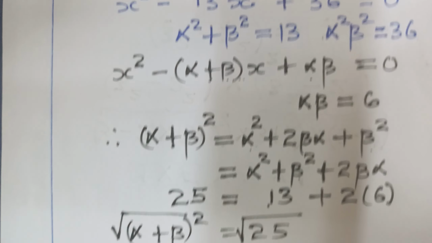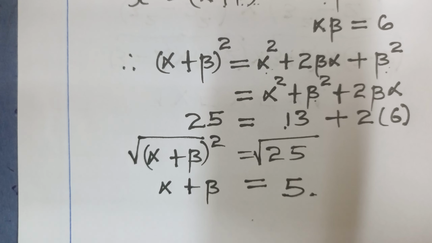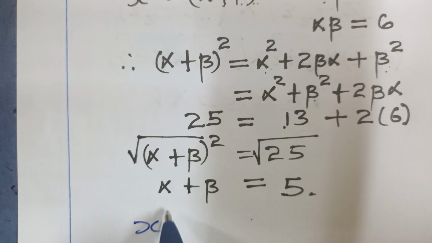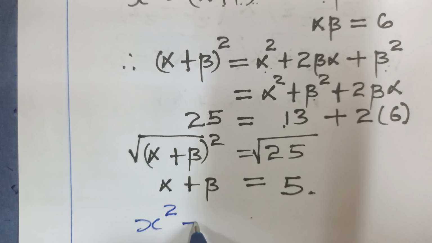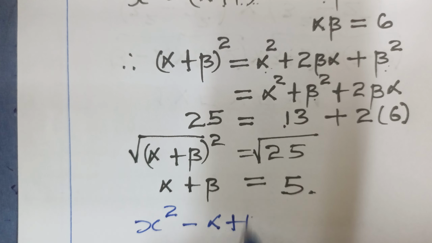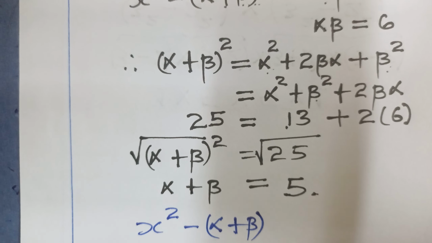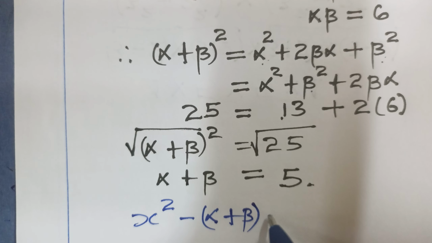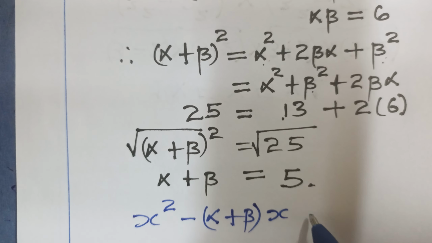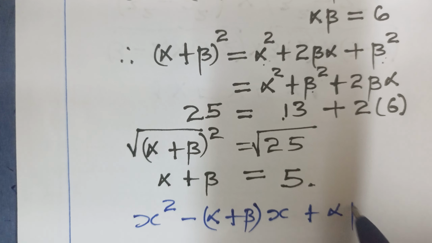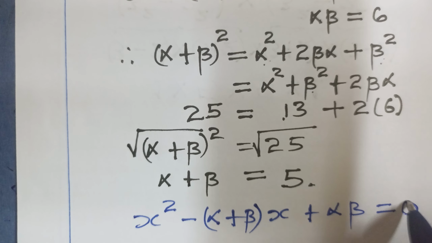And now we come to our equation yet again. Our equation is x squared minus alpha plus beta, that in brackets, x plus alpha beta equals 0.